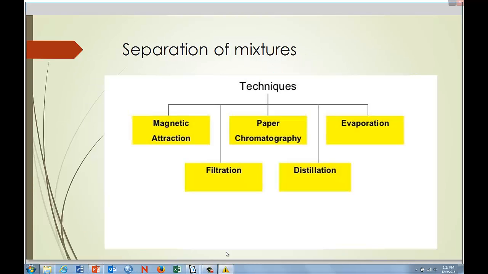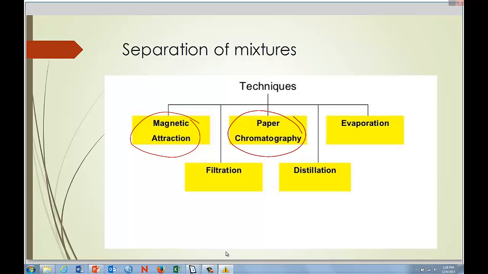Now, how do we separate mixtures? There's 5 different ways that we're going to talk about. Magnetic attraction. That's if you take a magnet over something and a couple of the filings get picked up because of it. Paper chromatography. That's when you start separating out the colors, or you start separating out substances based on its weight and its polarity.